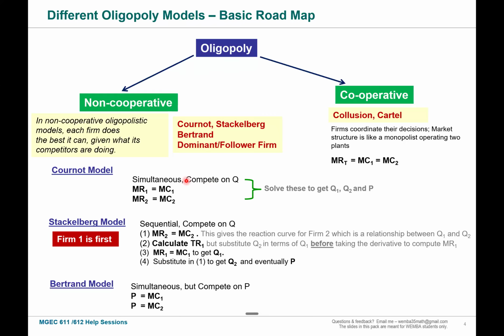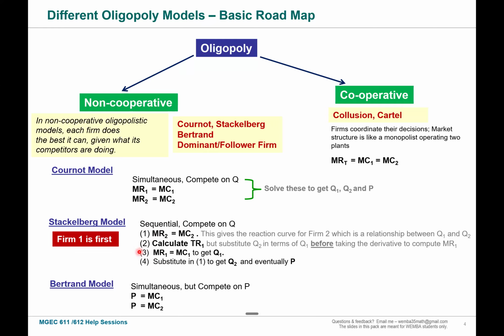In case of Stackelberg, the criterion is that the firms are sequential. They are not making decisions simultaneously. That means one firm has a first mover advantage, and the firms are competing on quantity. Here the process is to start with the second firm, the follower firm, and compute its reaction curve. That reaction curve is computed exactly the same way as in a Cournot model.